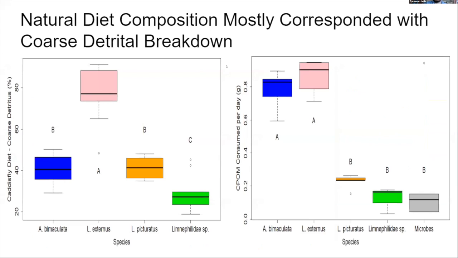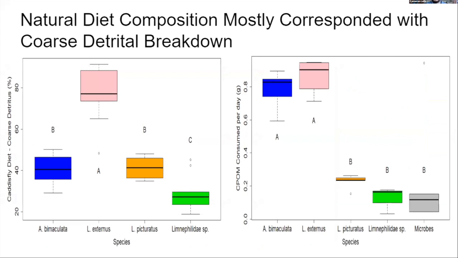We determined significance among the caddisfly species by using a one-way ANOVA test and a Tukey's honest significant difference test. In this figure, on the left side, we see the coarse detritus composition of the caddisfly diet. On the right side is the coarse detritus consumed.